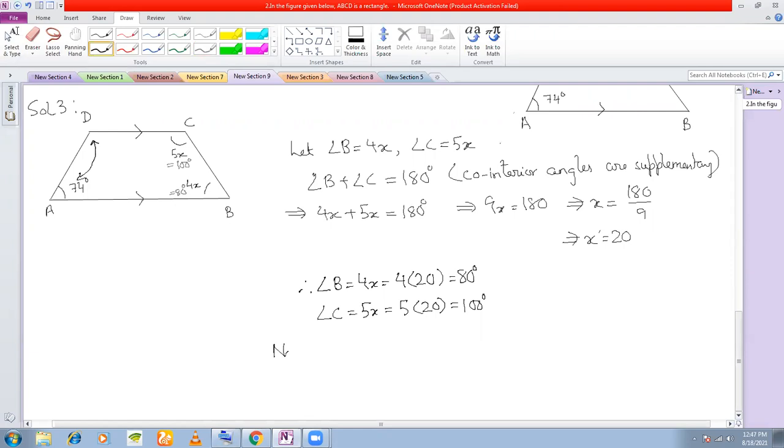So now angle A plus angle D is equal to 180 degree, because co-interior angles are supplementary.